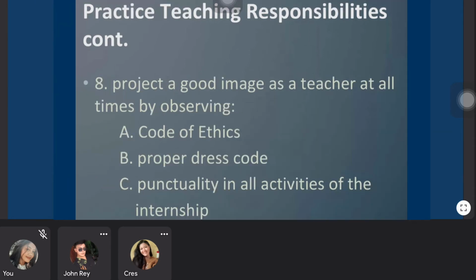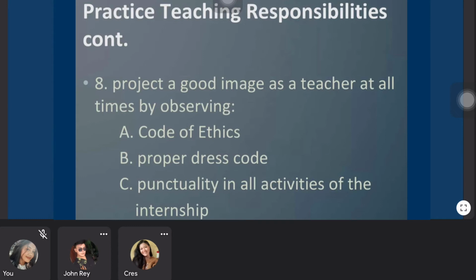And number 8, project a good image as a teacher at all times by observing code of ethics, proper dress code, punctuality in all activities of the internship. So again, code of ethics, we already went through our ed subjects about code of ethics.